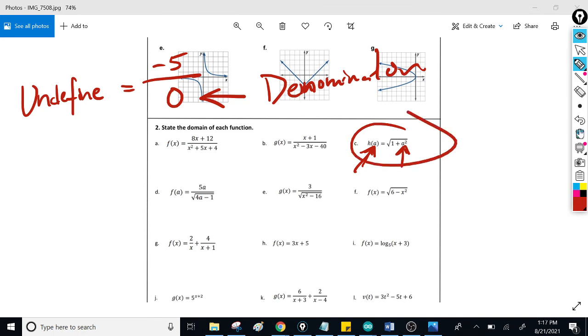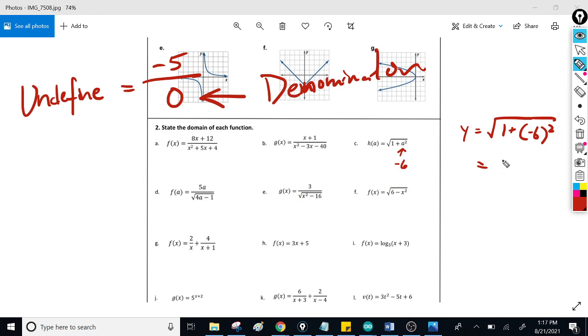For this particular problem, no matter what numbers you put right here, the square will turn it into a positive number. So let's just put a random number, how about -6. When you put it in there, the square will turn this number into a positive, and then you will still get an answer.